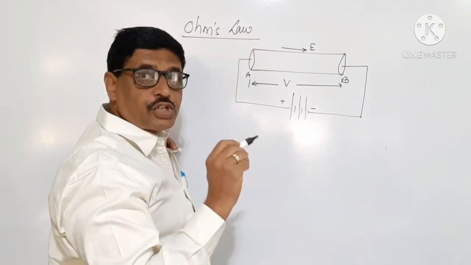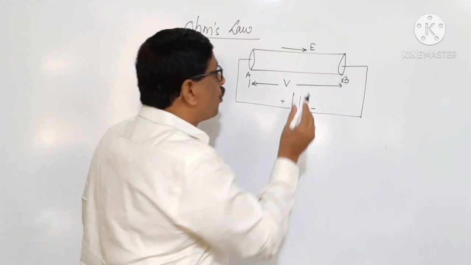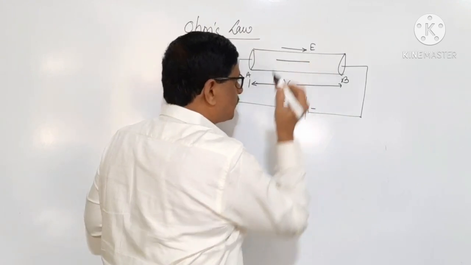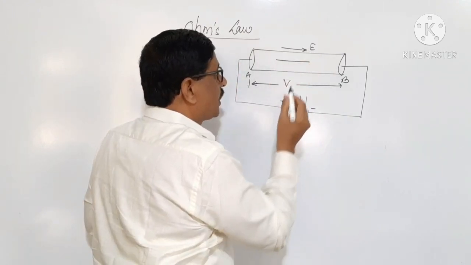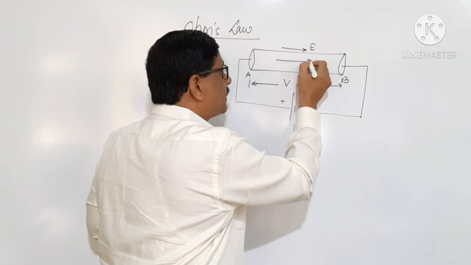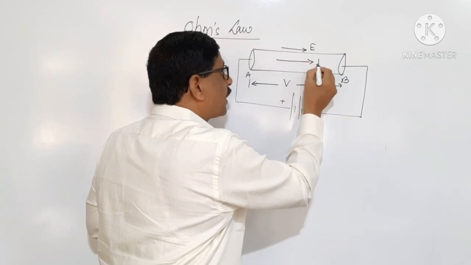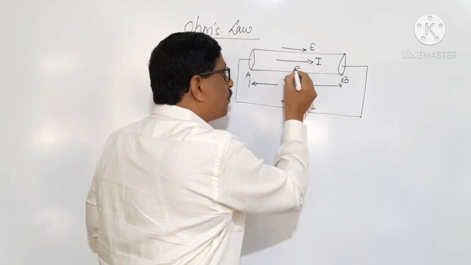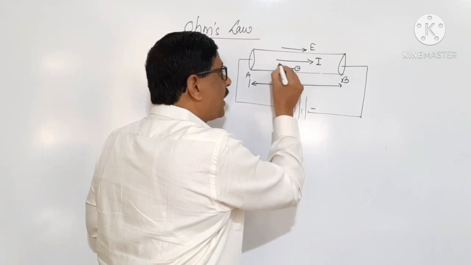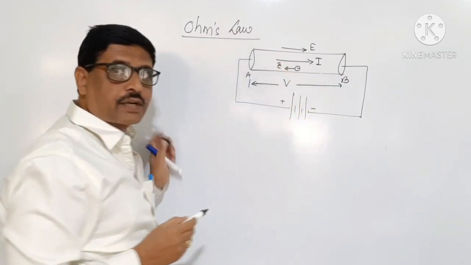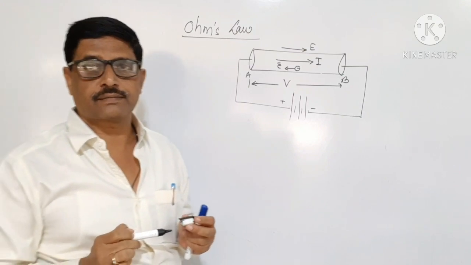And conventional current will flow through the conductor in the direction of electric intensity and in the direction opposite to that of the motion of the electron. The electronic current and conventional current are opposite to each other.